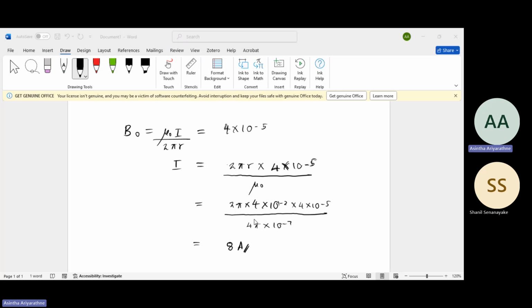Then try the second one. A circular coil as shown in the figure, right?